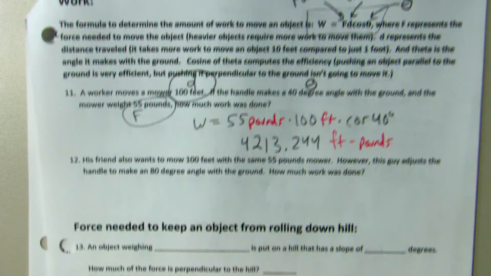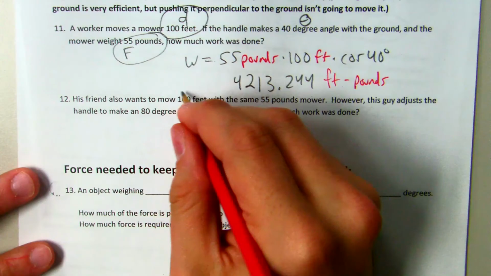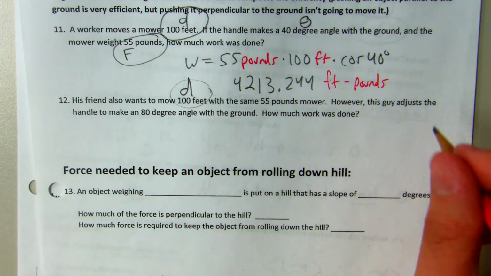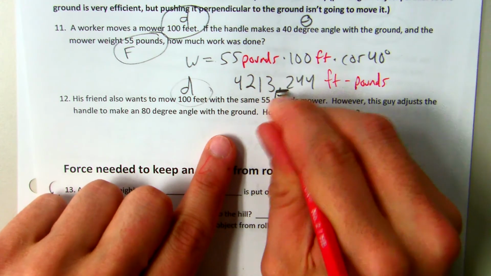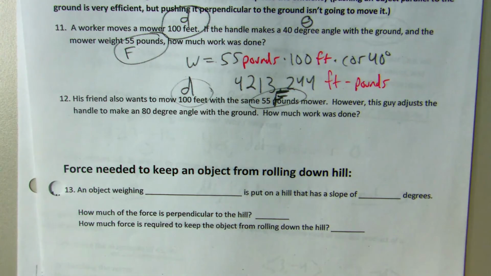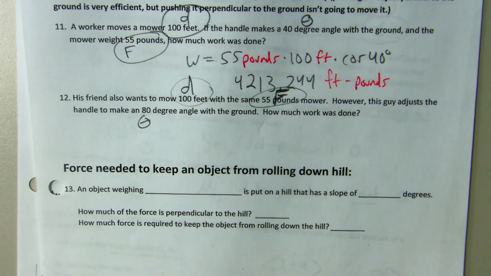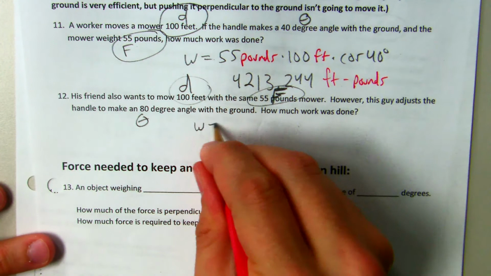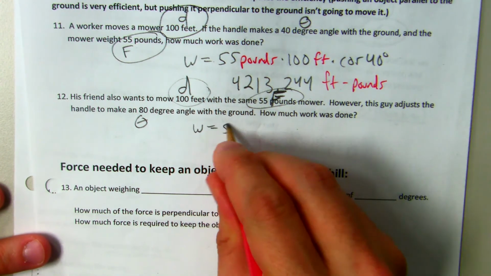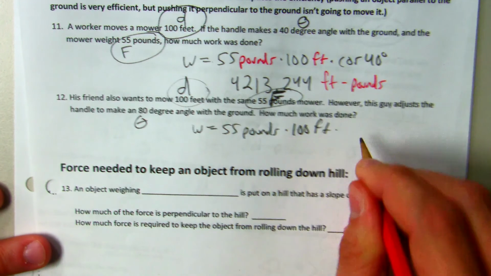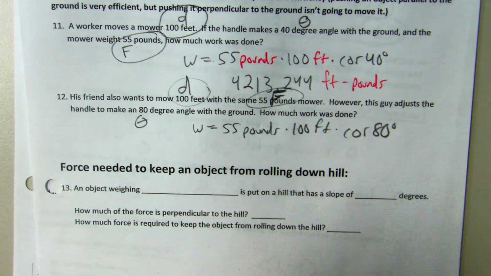So notice how it would be different if I still have the same mower, and it still takes the same amount of force to move it. But let's say I adjust the handle a bit, and now the handle is at an 80-degree angle. That could be better or worse for you. But as far as our questions go, it's 55 pounds times 100 feet times the cosine of 80 degrees.